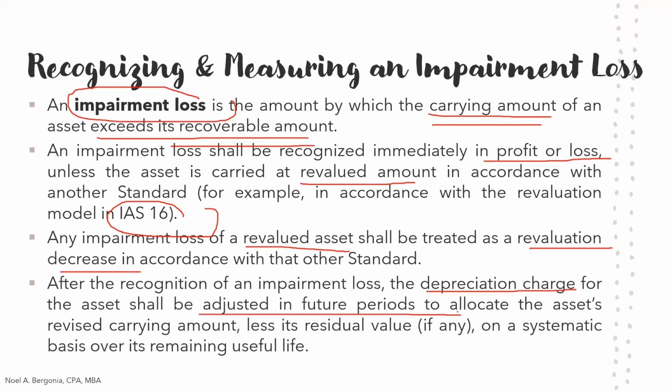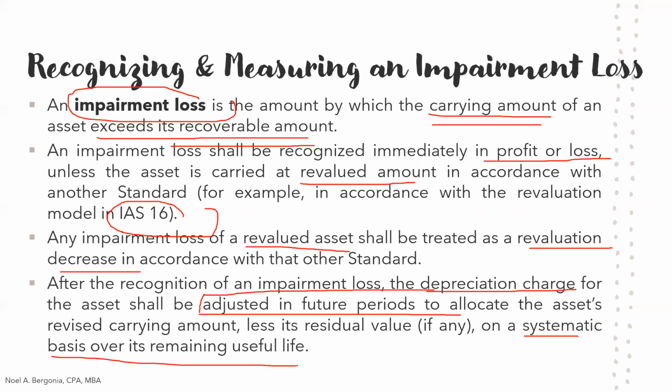So babalikan na naman natin yung discussion natin na meron tayong change in accounting estimates, kasi there would be an adjustment that would happen prospectively, from the time after the impairment, moving forward. We will allocate that on a systematic basis over the remaining useful life.